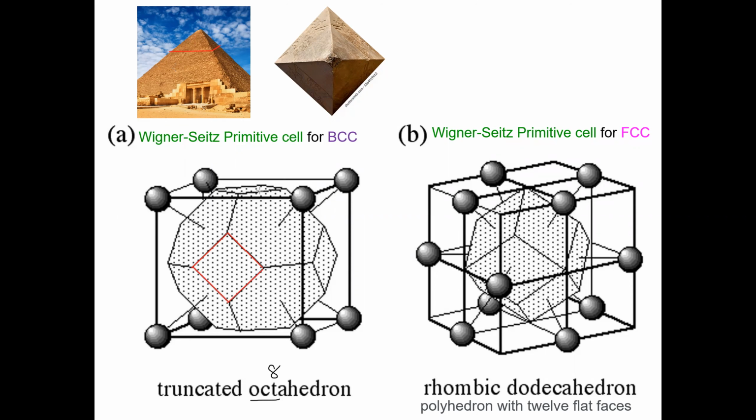And at the top surface, you will see the same shape, okay? That's why it's called truncated octahedron. Okay, so now let's see our Wigner-Seitz primitive cell for FCC. So maybe this one is a little better view, also if you cannot follow the picture that I had in the last slide. Okay, great.